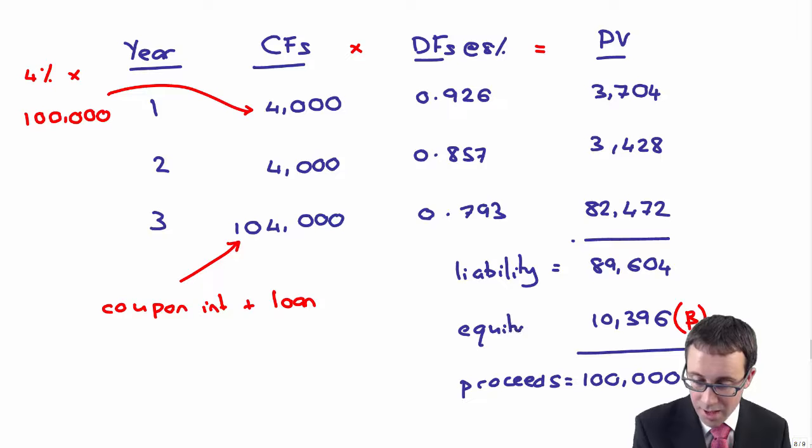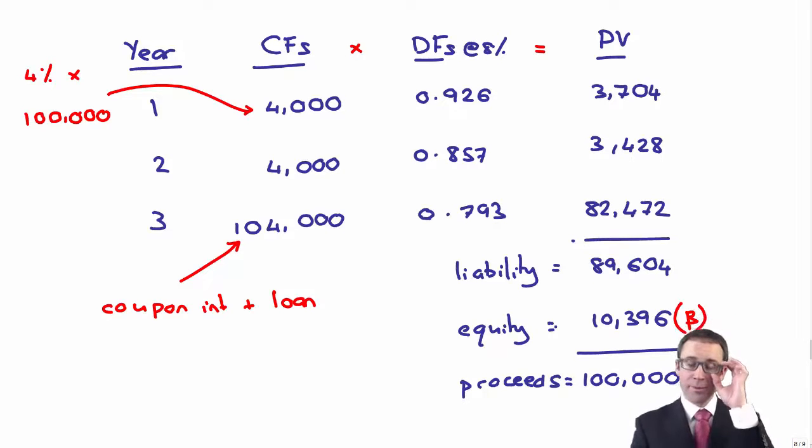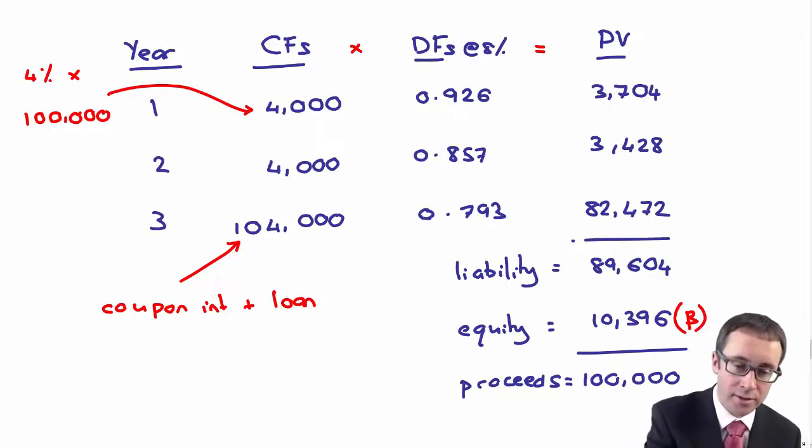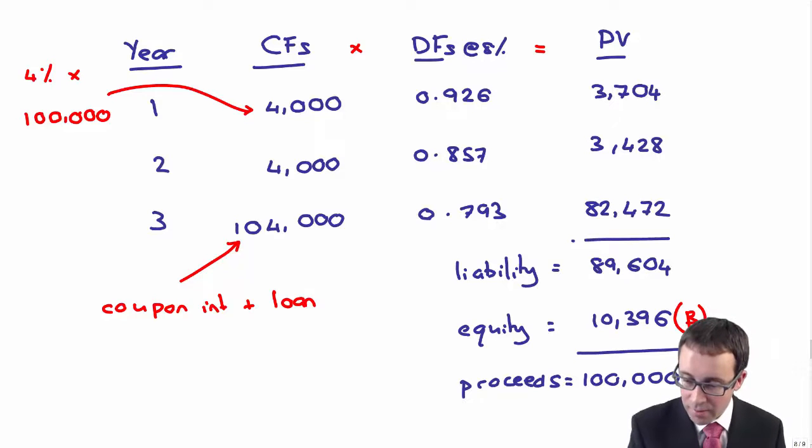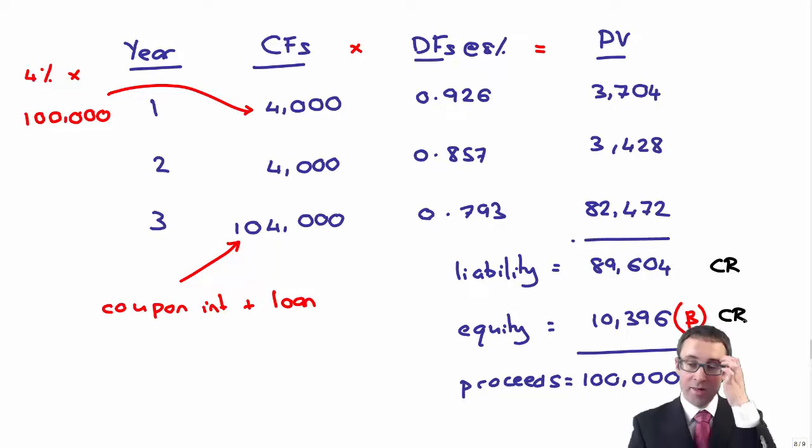That is the equity amount. Okay, if you want your debits and credits, you would debit the bank with the proceeds, you would credit the liability, and then you will credit the equity. Okay, that would be there. Would that be initially?